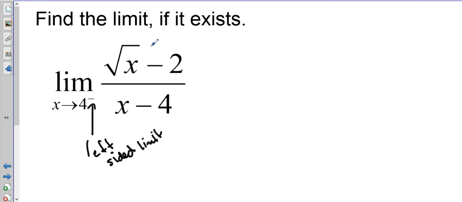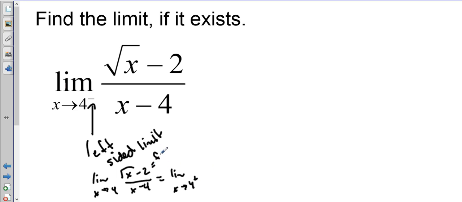So when we see a function like this, what we have to know is, does the limit as x approaches 4 exist? So if the limit as x approaches 4 for this function, the square root of x minus 2 over x minus 4, exists, then we know that the limit as x approaches 4 from the right of f of x, we'll just call that f of x just so I don't have to write it every time, will equal the limit as x approaches 4 from the left of f of x.